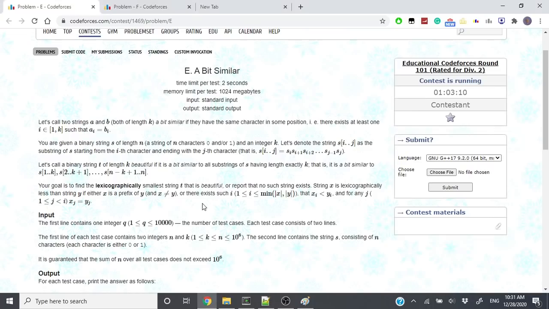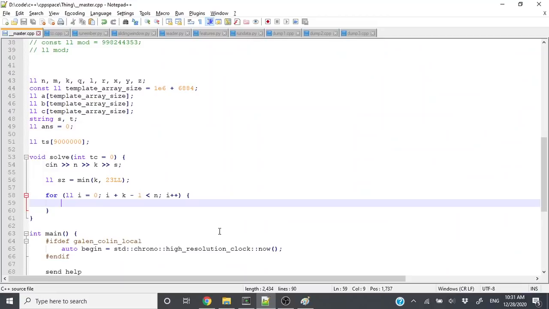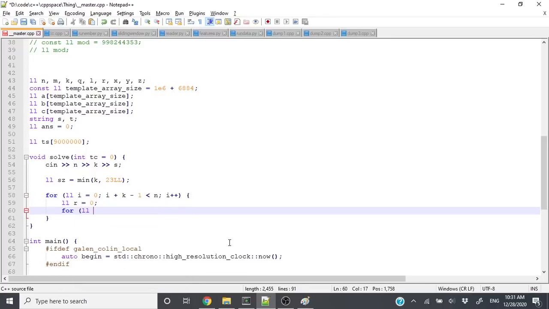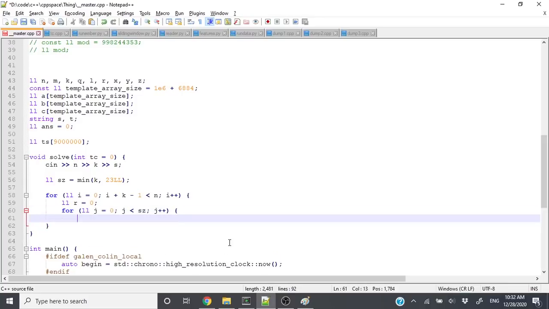This is the beginning to the end of the interval. j equals 0, j less than size, j plus plus. If s at i plus k minus 1, which is the end of this current interval, minus j, that is the jth last character, is equal to 1, r plus equals 2 to the j.